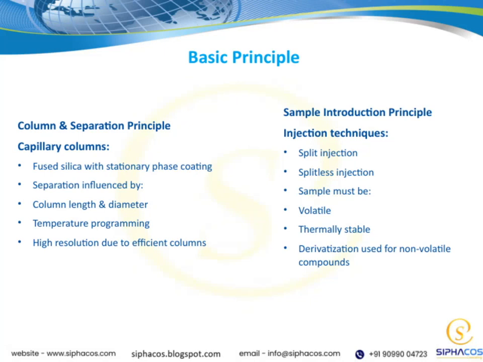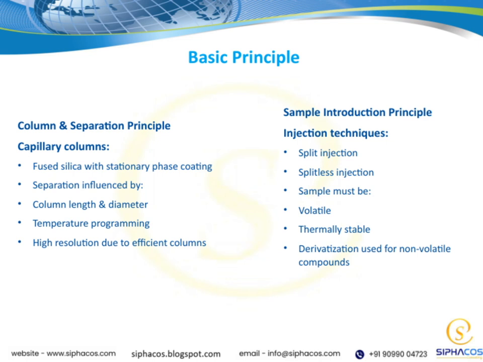Let's take a closer look at some sample injection principles. When introducing samples into the chromatograph, we typically use techniques like split injection and splitless injection. Split injection involves dividing the sample so only a portion enters the column, which is useful for analyzing high-concentration samples. On the other hand, splitless injection allows the entire sample to go into the column, ideal for trace analysis.